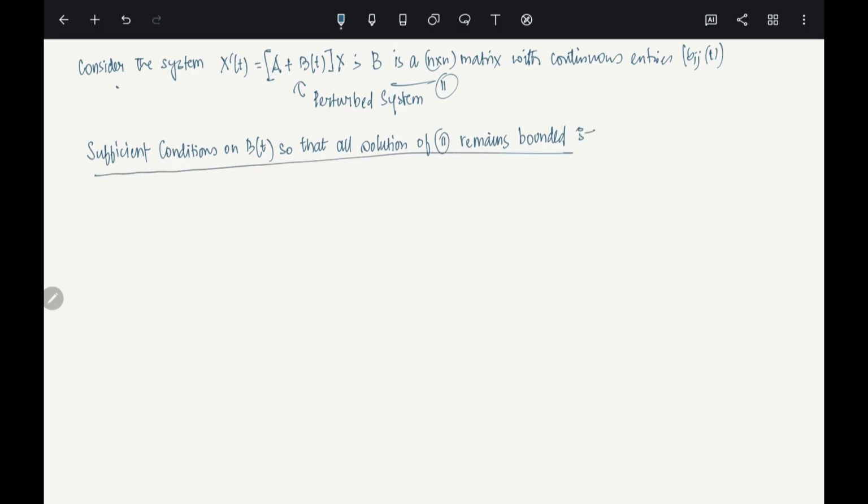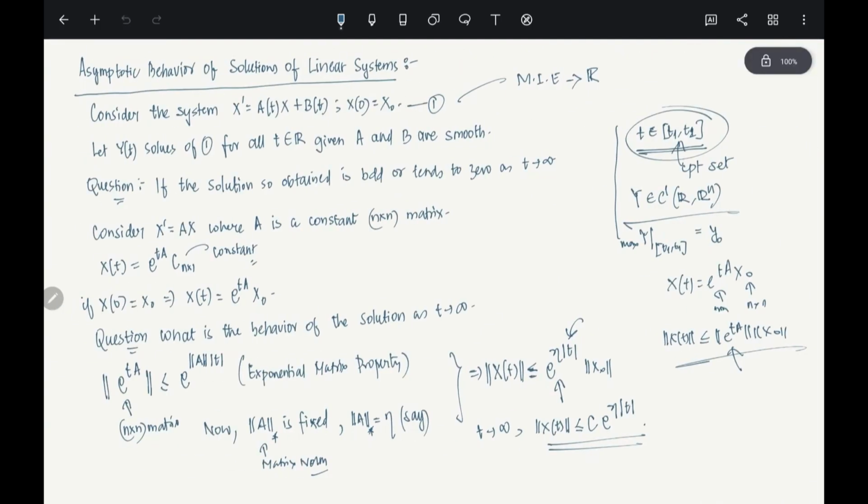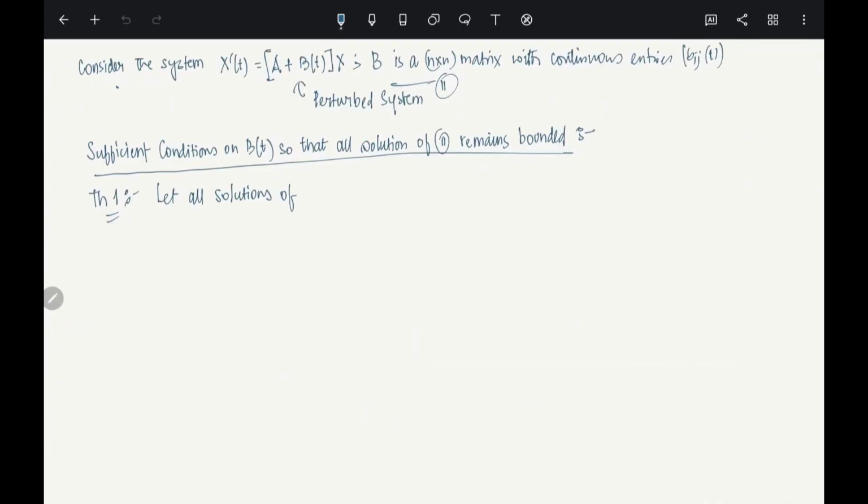Theorem 1. Let all solutions of the homogeneous problem x prime equals Ax be bounded. This is the original equation, the constant coefficient homogeneous equation, and I am perturbing it. System 2 is the perturbed equation. Let's call this one star, the homogeneous equation with constant coefficients.